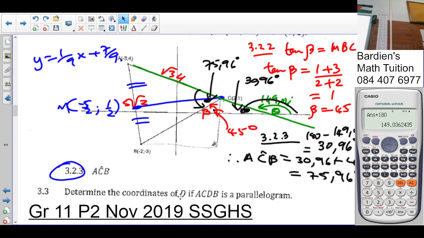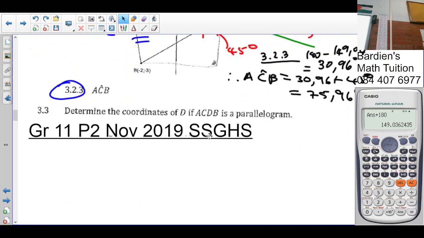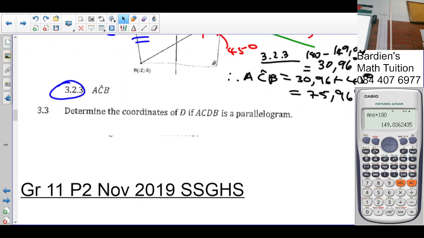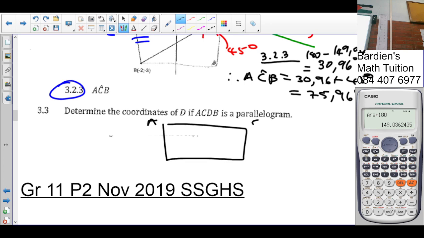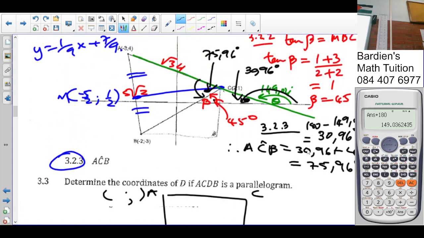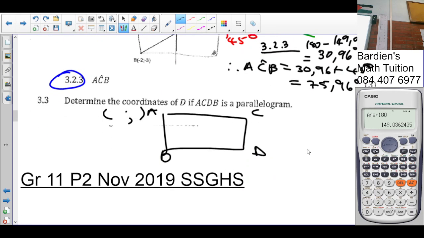Okay. Determine the coordinates of D if A, C, B, D is a parallelogram. So, you go here. A, C, D, B. In that order. What's the coordinates of A? The coordinates of A is negative 3 and 4.